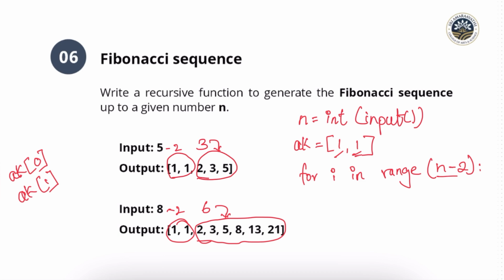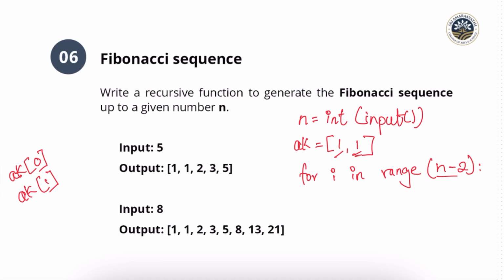Let us consider this list: ak of 0 will be this one, ak of 1 will be this one, ak of 2 will be this 2, ak of 3 will be this 3, ak of 4 will be this 5, ak of 5 will be this 8, 6 and 7.